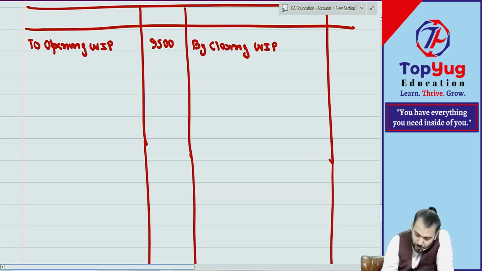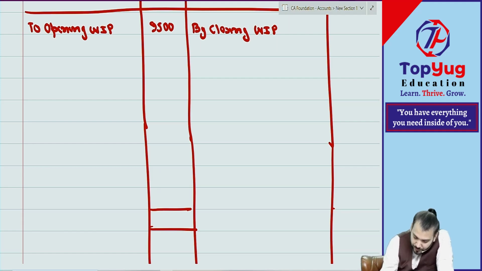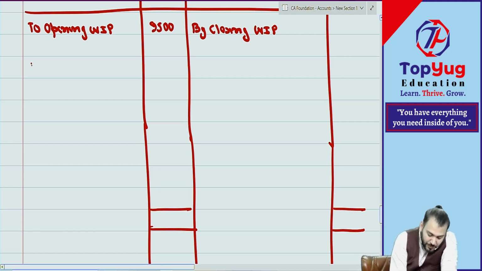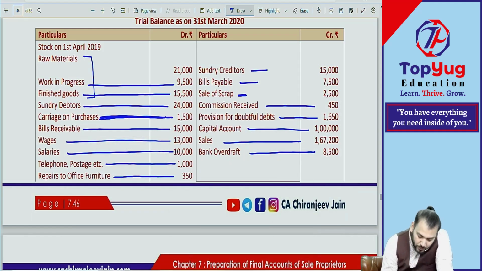So first we are preparing the manufacturing account, and we need to keep sufficient space. I think this much space is okay. Then we write down to raw material consumed. How much opening is given? 21,000.